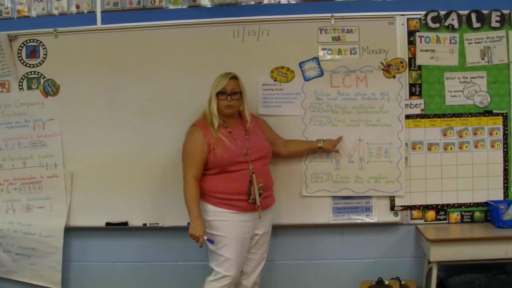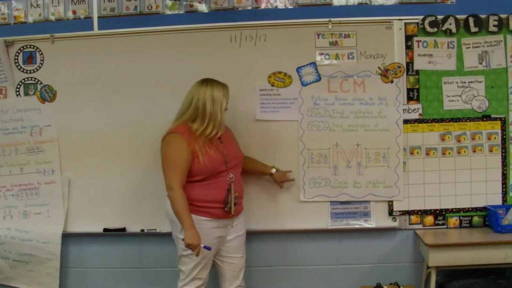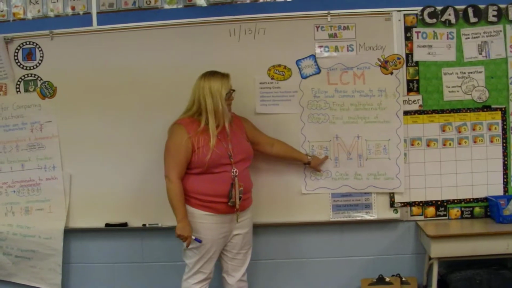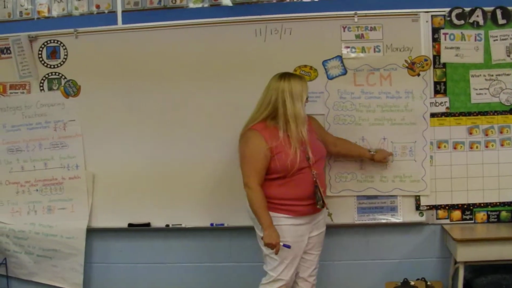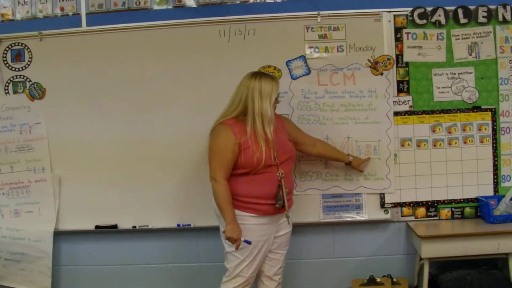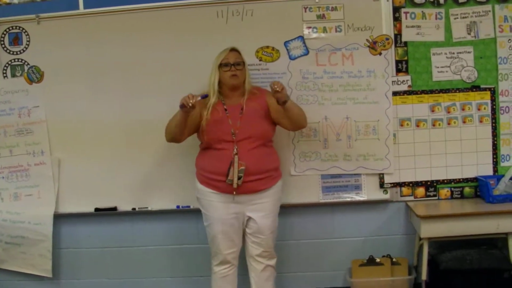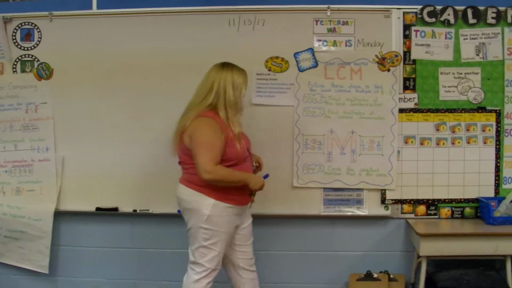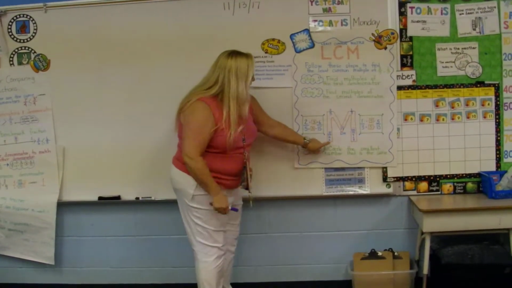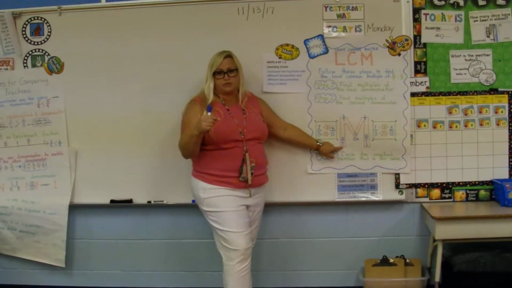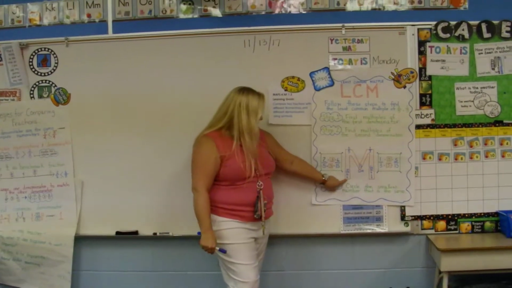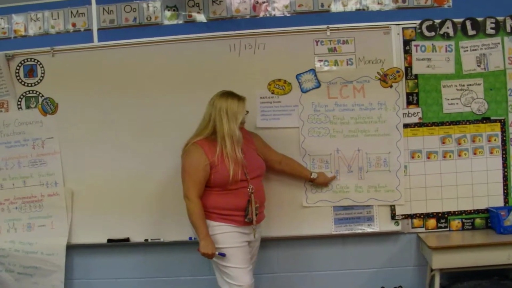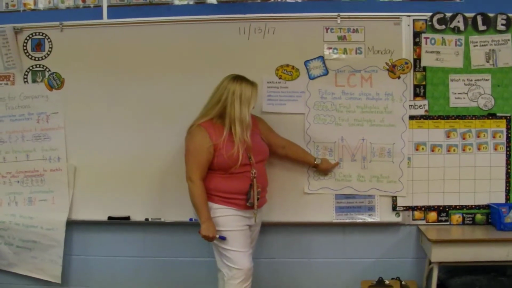So we take our original fraction, 2/5, okay? And we need to get here to 15. Same with over here, we have 1/3. But we need to get to 15 so both of our denominators are the same. Very good. Okay. So let's count. How many multiples did it take with the 5 to get to 15? 1, 2, 3.